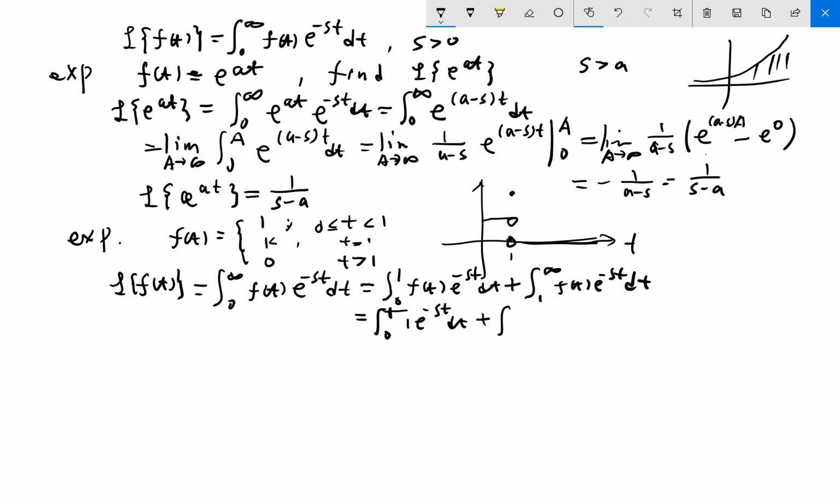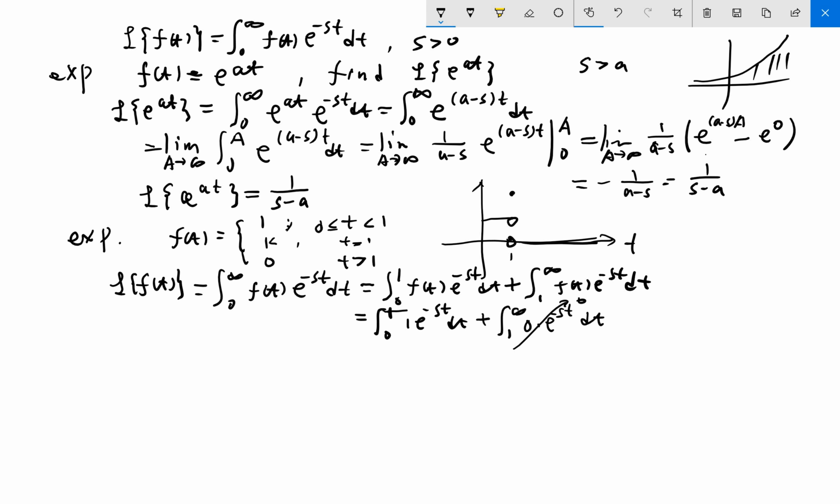In the second integral, my t is between 1 and infinity, so f(t) here is equal to 0. So this one is 0. You integrate 0, that means you're looking for the area under 0, so the area is 0. So we just need to integrate this one.